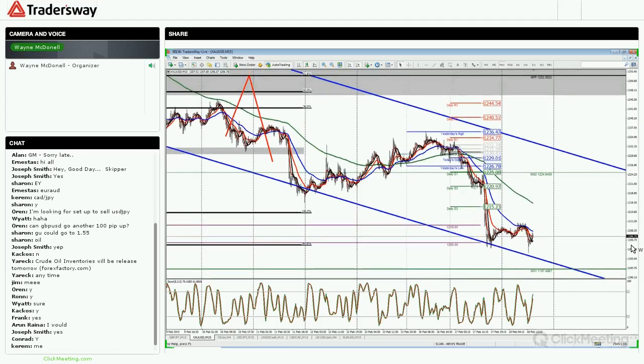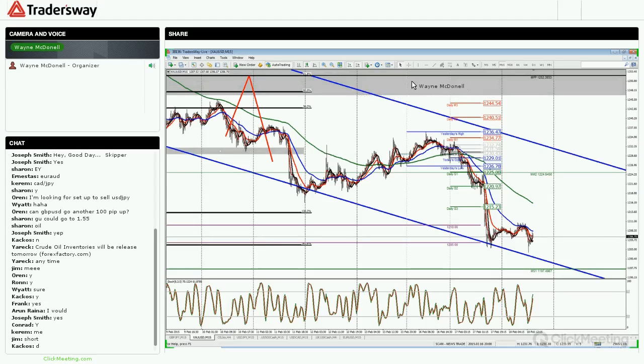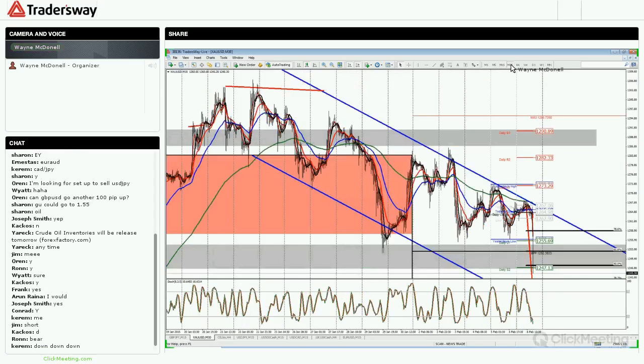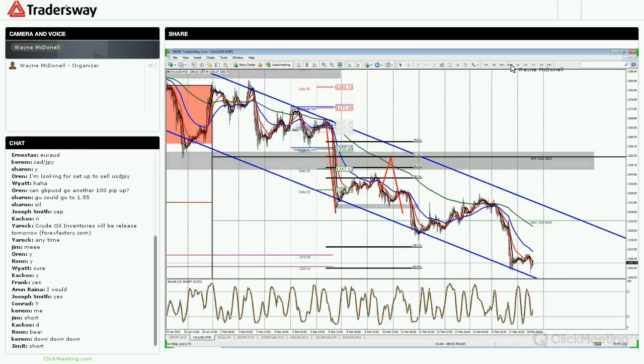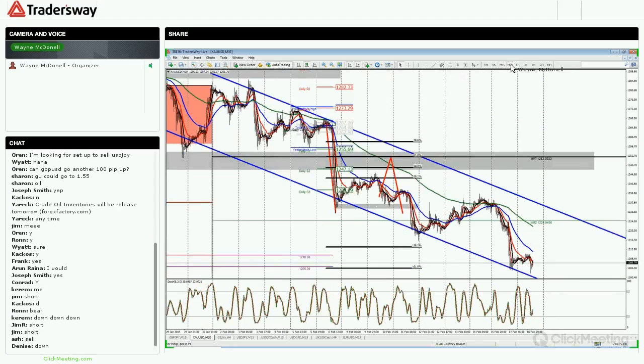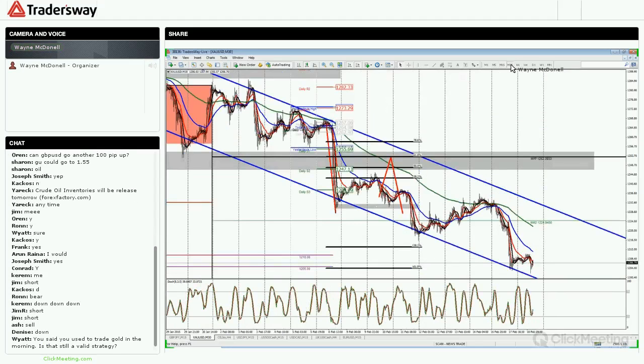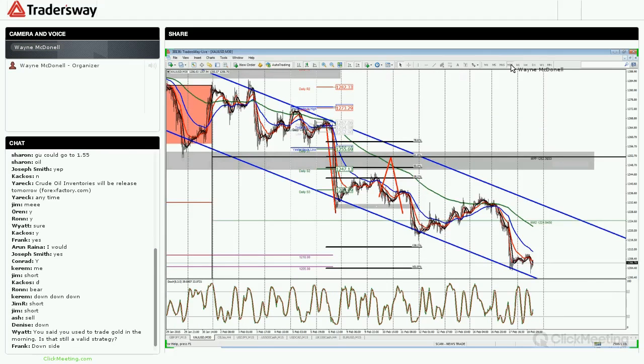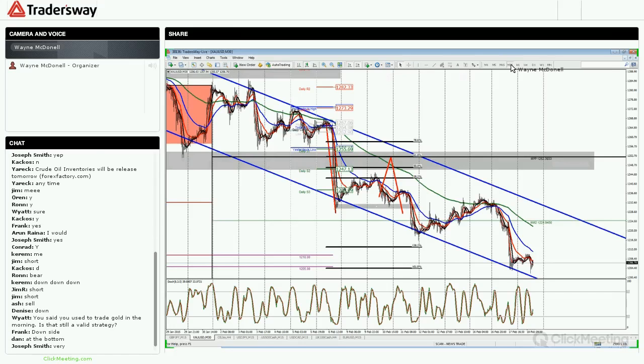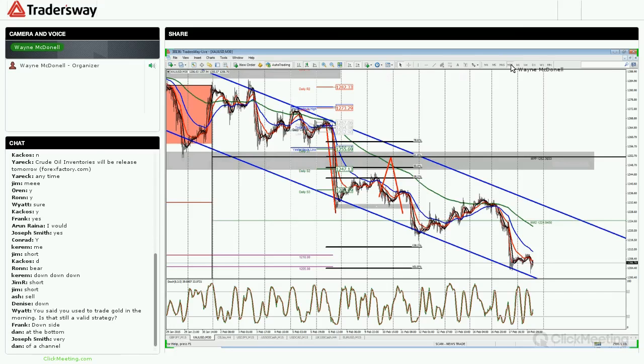How many people can figure out, if you weren't here, but you see my chart as it is, what my general bias was for gold recently based on just this chart? Does that look tradable to you? Why, yes, at the open.